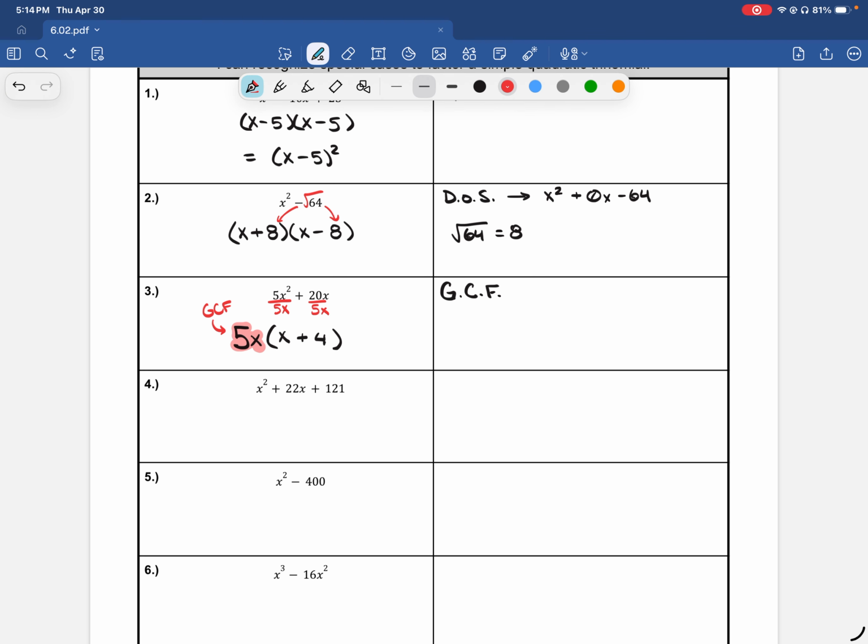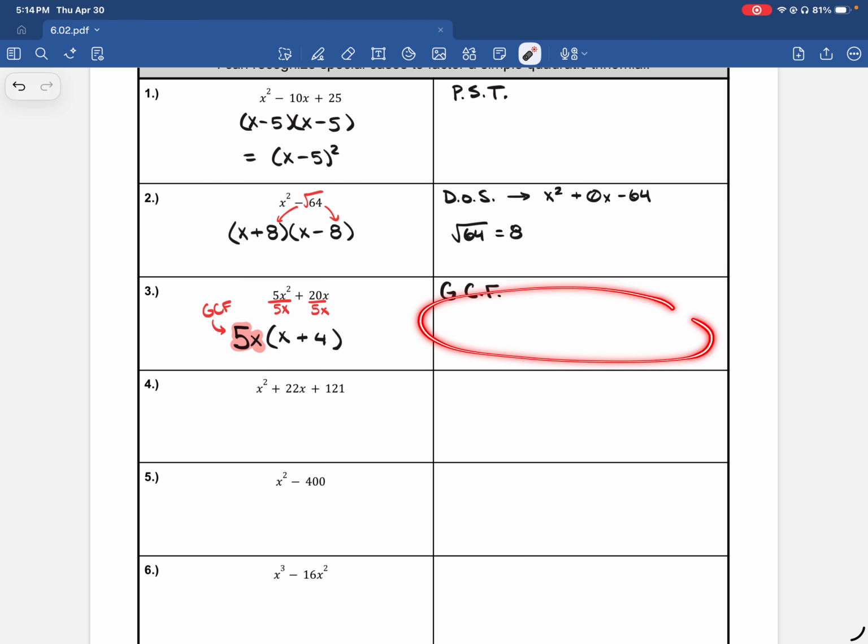So make a note over here about how you knew to divide out a 5x. How would you know looking at this that 5x is GCF and you can't go any further into x plus something times x plus something?